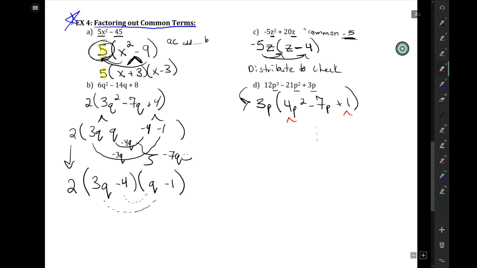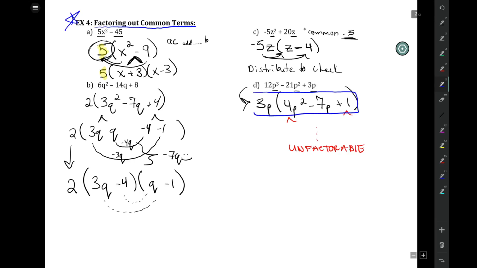Once you do, though, again, things may be truly, your answer then would be this here. Just because the inside's unfactorable, you still did all that hard work during the 3p out.